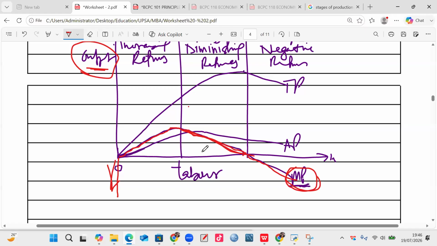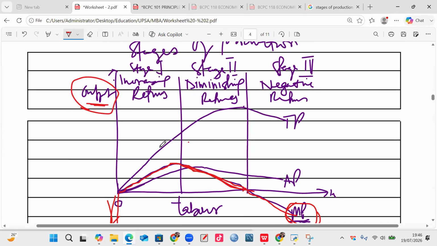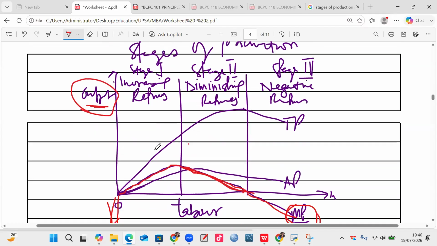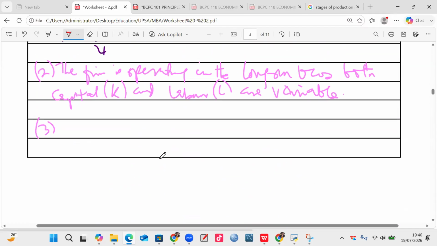So at output 36, diminishing returns set in. Or at 36, the firm started to experience diminishing returns.